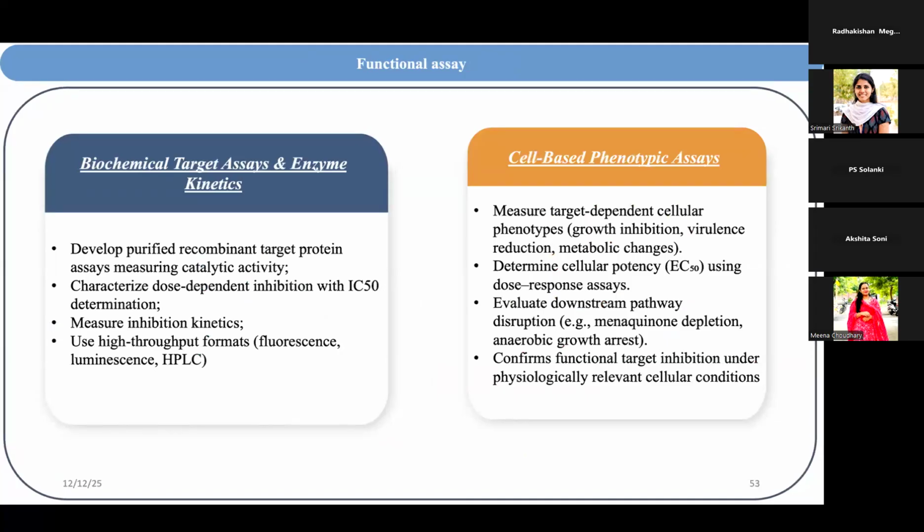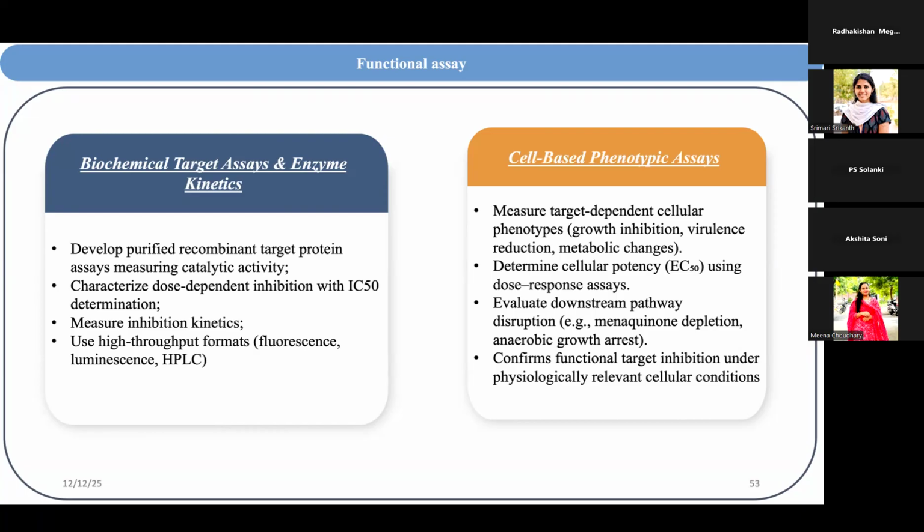Because we have picked our target and designed our inhibitor, we have to know how it actually works. So the biochemical target assays and enzyme kinetics. Here the concept is enzyme kinetics. In the biochemical target assay, we have to purify the proteins and measure the catalytic activity and inhibition kinetics.